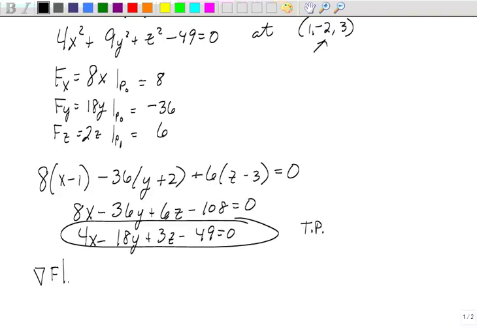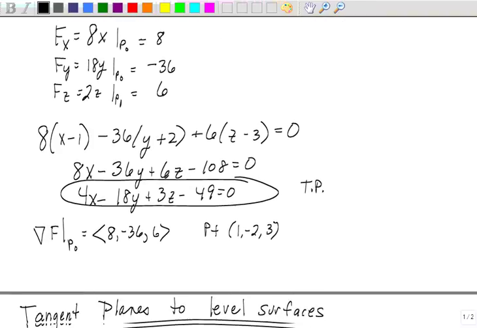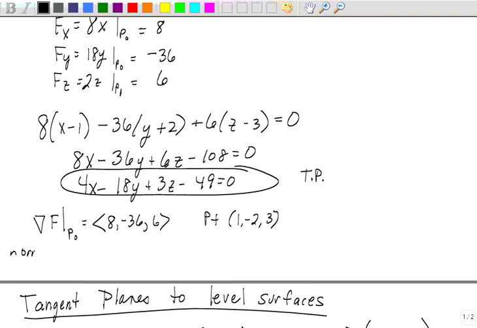Now, del F at P0 is the direction, and the point is 1, negative 2, 3, so we can get our symmetric equations for the normal line at the point. Well, okay, the symmetric equations will be this.